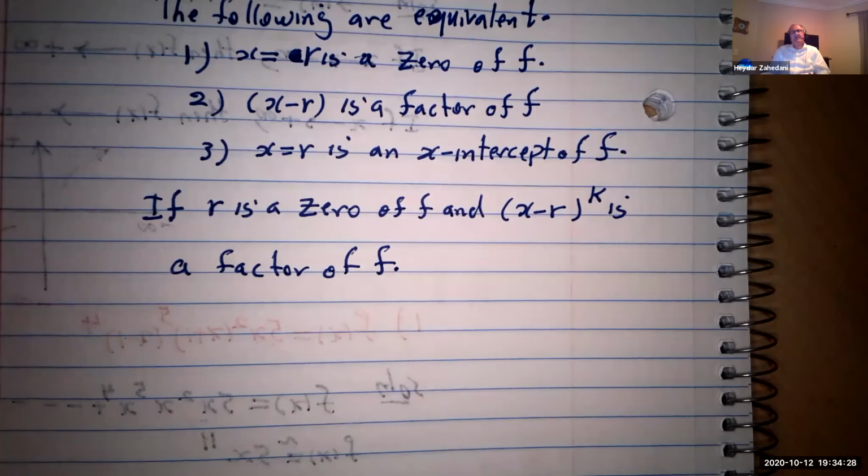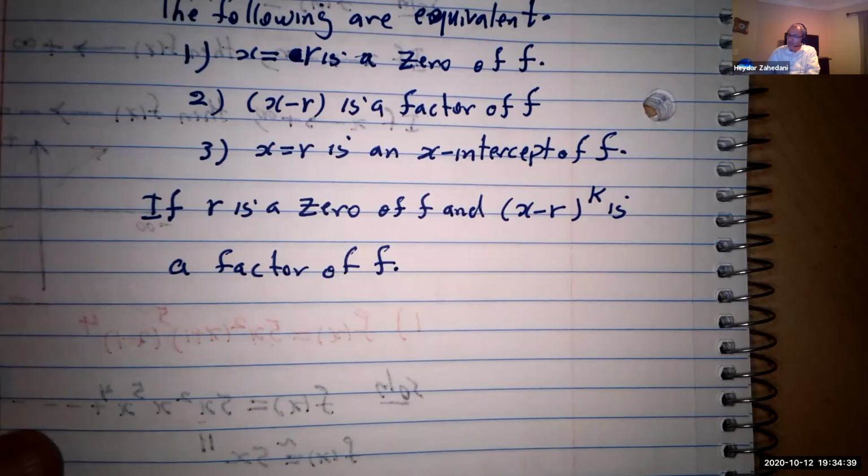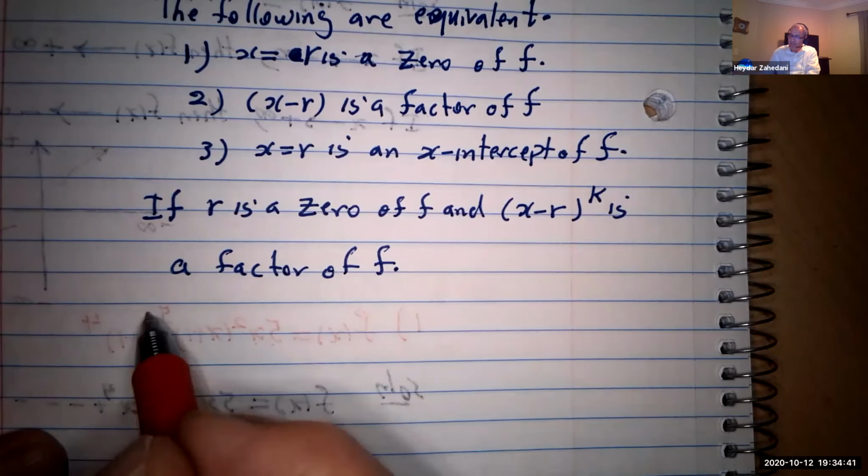So it's going to be x minus r, x minus r squared, x minus r to the third. You say x minus 1 squared. So there are going to be two possibilities.